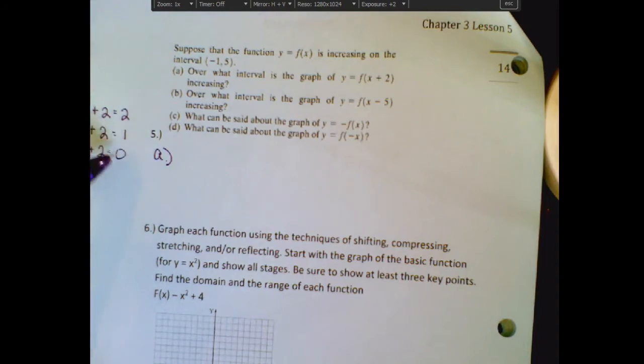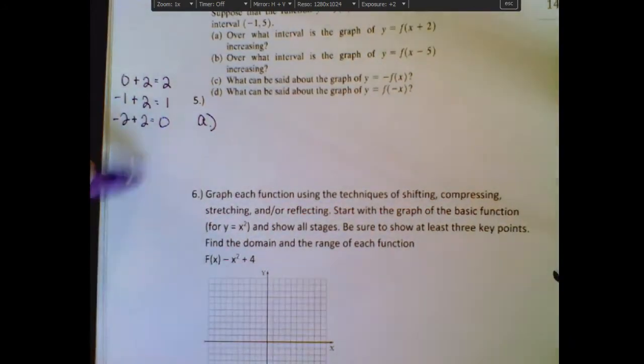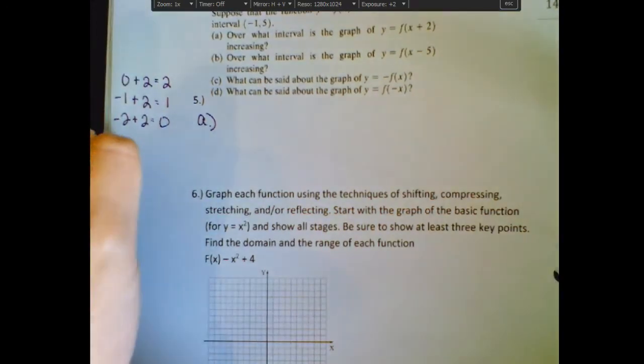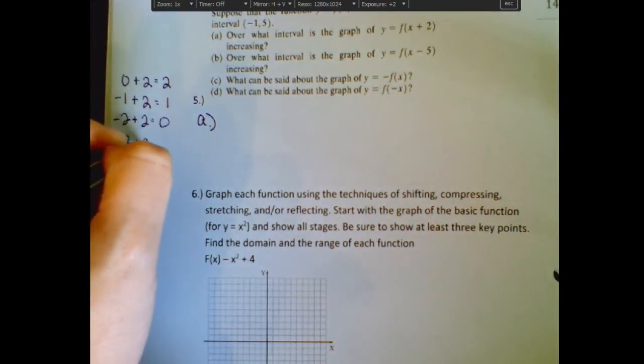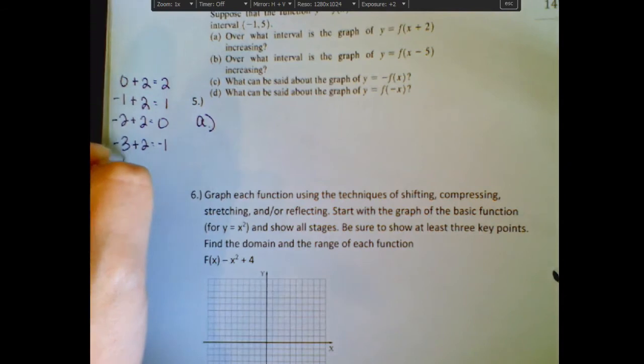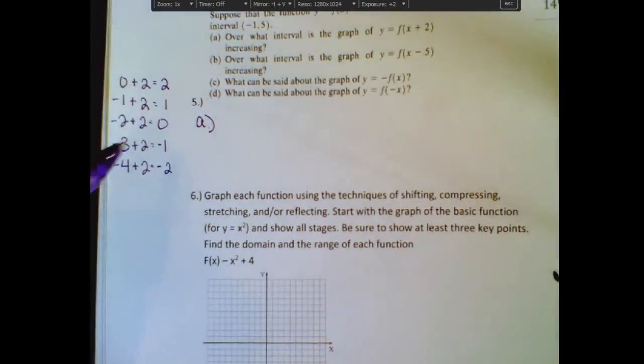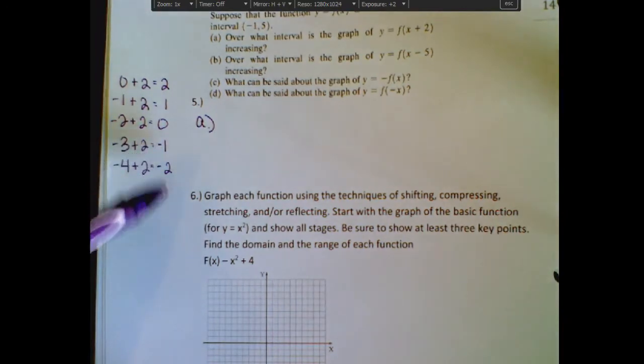So these are all increasing. Notice, these are all increasing. So where does it start increasing? So I'm going to try negative 3. That's still increasing. Okay. Negative 4 plus 2, negative 2, and now take a look. This is going to start decreasing, getting smaller, where here it was all getting bigger.